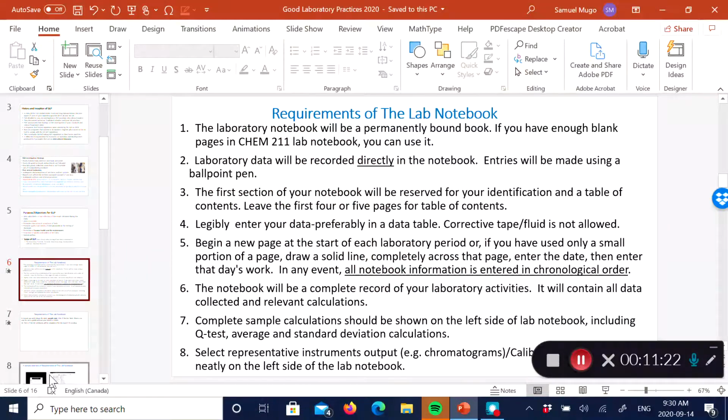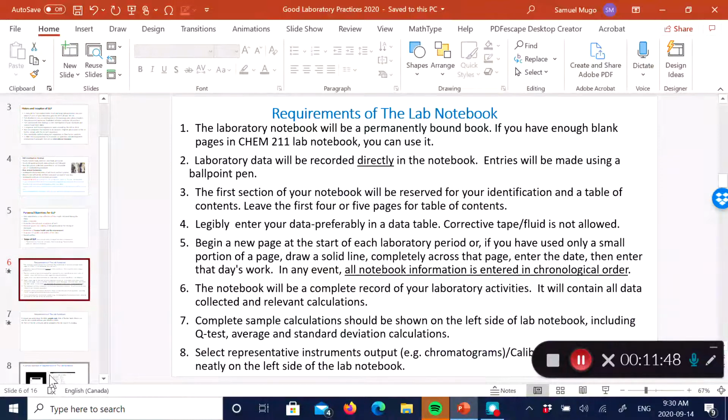So the requirement of the lab notebook is very, very important in this course, and very, very important in the industry. The lab notebook in this course will be a permanently bound lab notebook, the physics lab notebook. Now, the laboratory data that you generate must be recorded directly in the lab notebook.